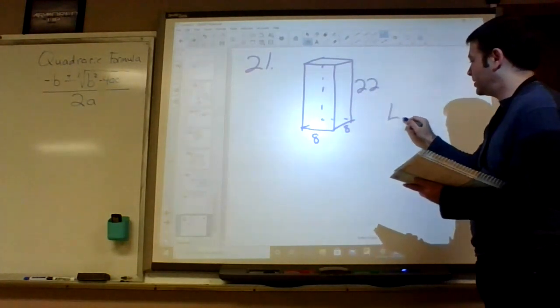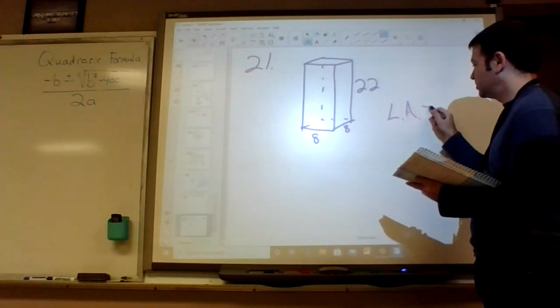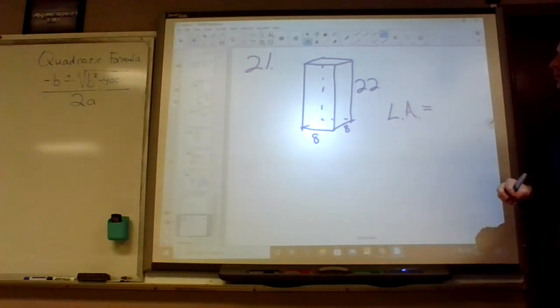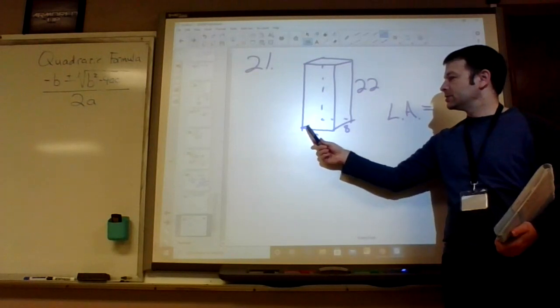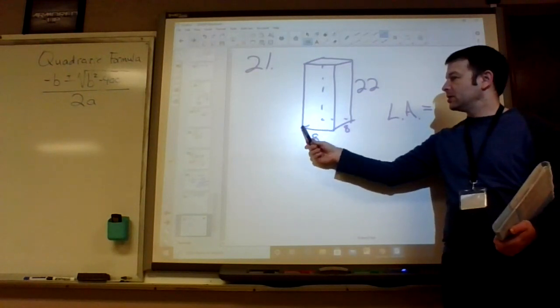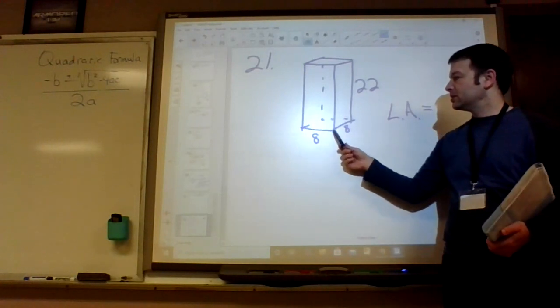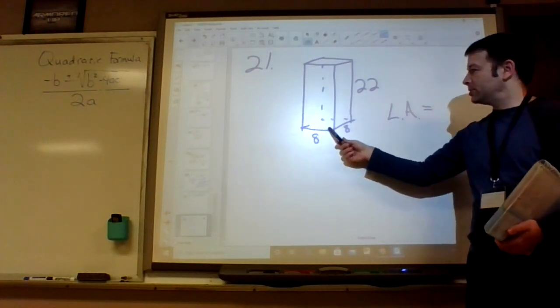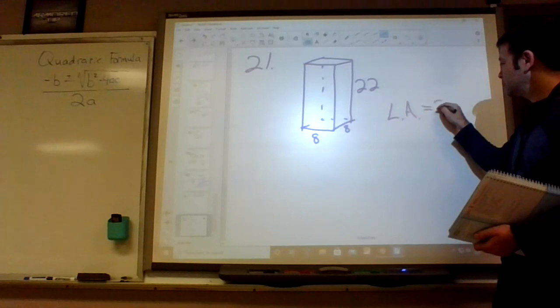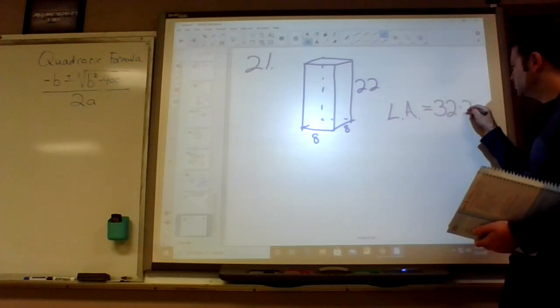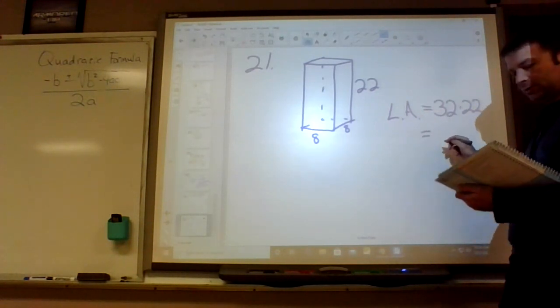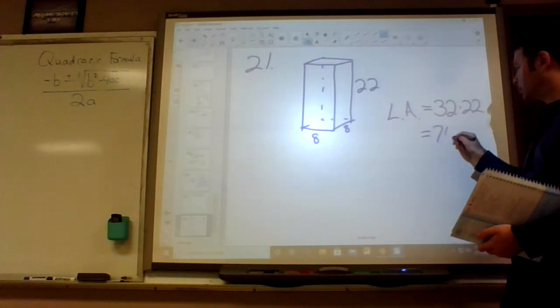How did we find lateral surface area for prisms? Perimeter times height. What's the perimeter of the base here? 8 times 4, 32. 32 times 22 is 704.